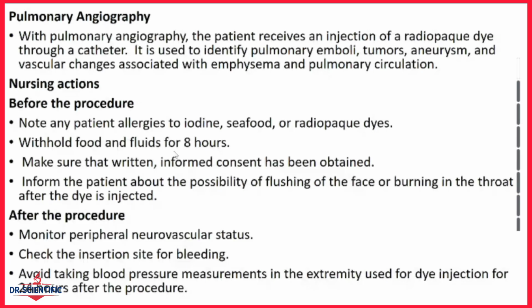A radiopaque dye is injected into the pulmonary artery, and the dye is monitored as it flows through the arteries and also through the veins. Usually it helps to detect where an embolus has formed. That is pulmonary embolism.